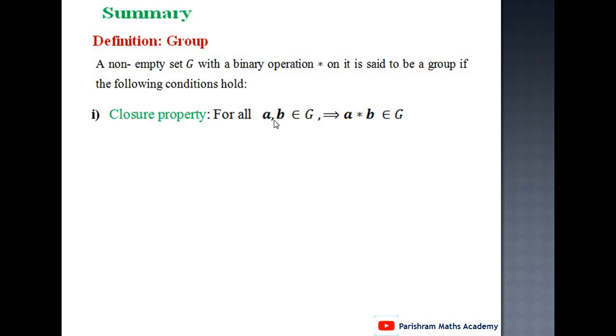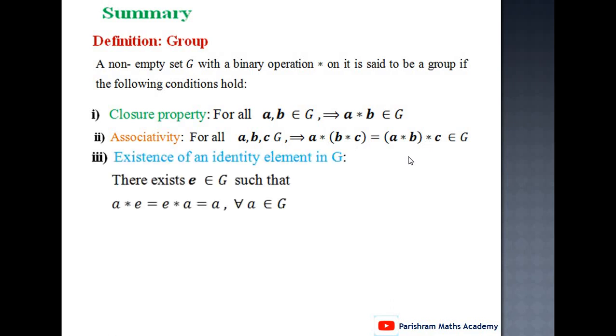Closure property means if a and b belong to G, a star b also belongs to G. Second, associative law: if a, b, c belong to G, then a star (b star c) equal to (a star b) star c. If this condition is satisfied, it means the associative law is satisfied.